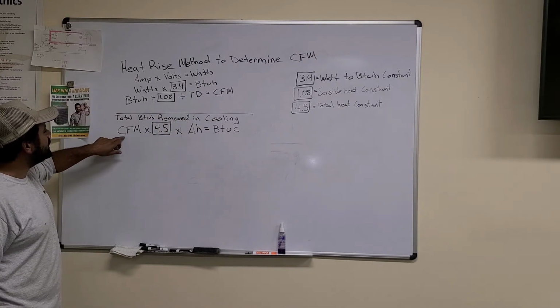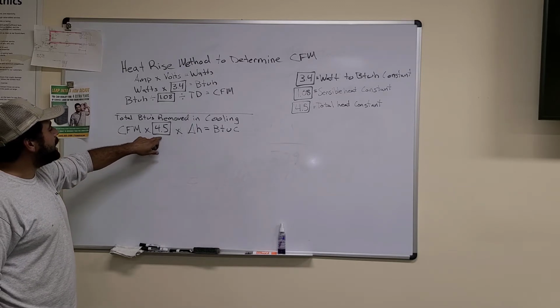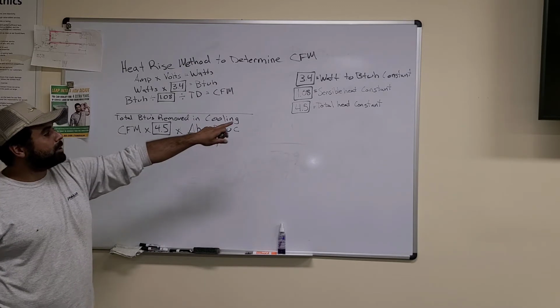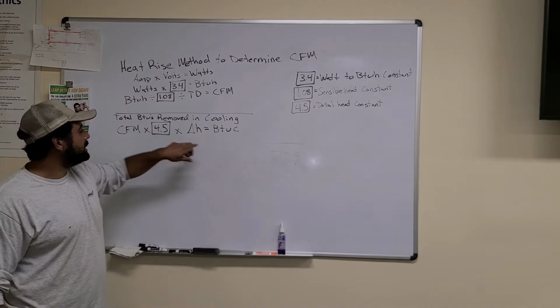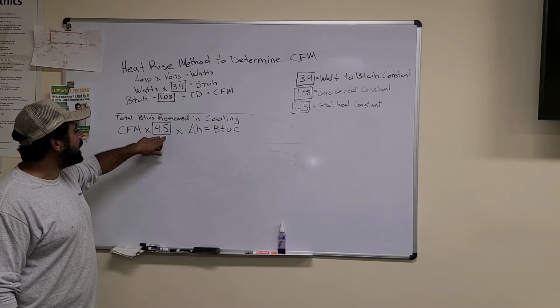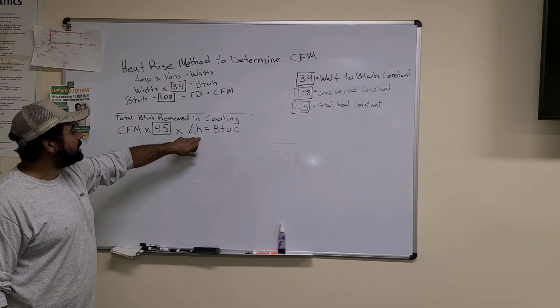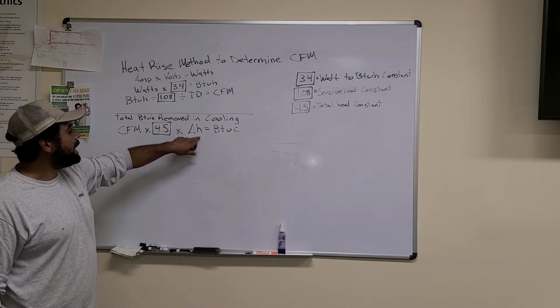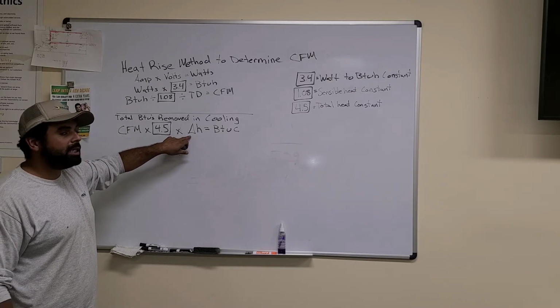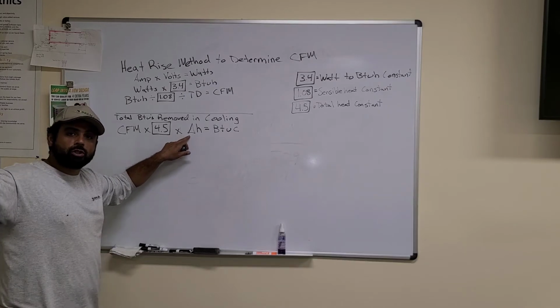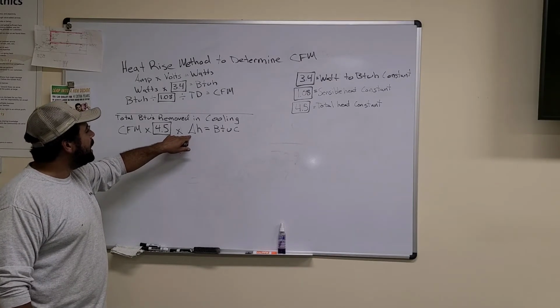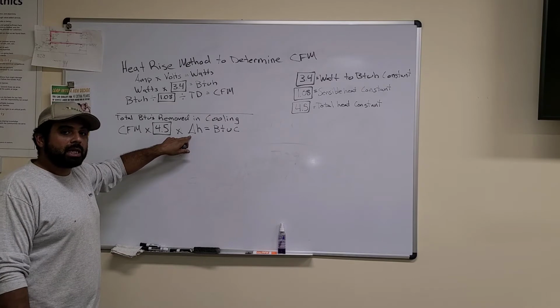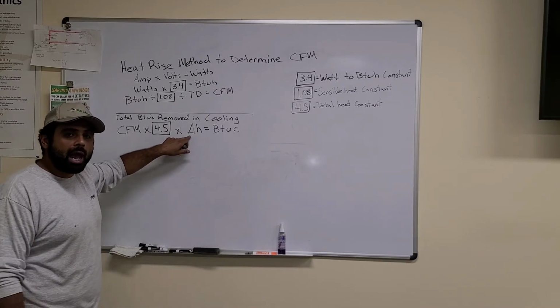Once we have CFM, we can actually take that, times it by our next constant, which is our total heat removed constant, times our change. This is delta H, or a change in enthalpy. And we figure that out by getting both a dry bulb and a wet bulb, which I'll show you on our diagnostic here in a minute. We take both of those, plot them either on a psychometric chart, or you can use a psychometric app.